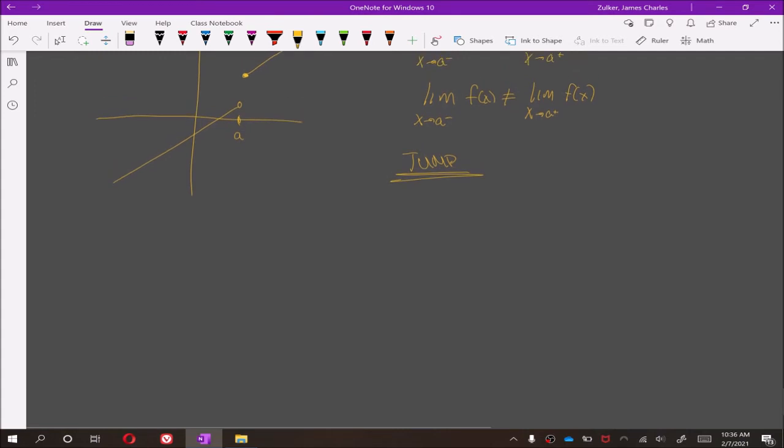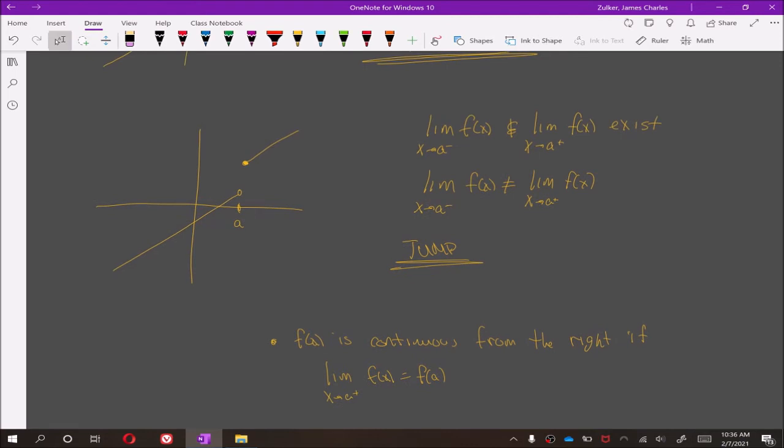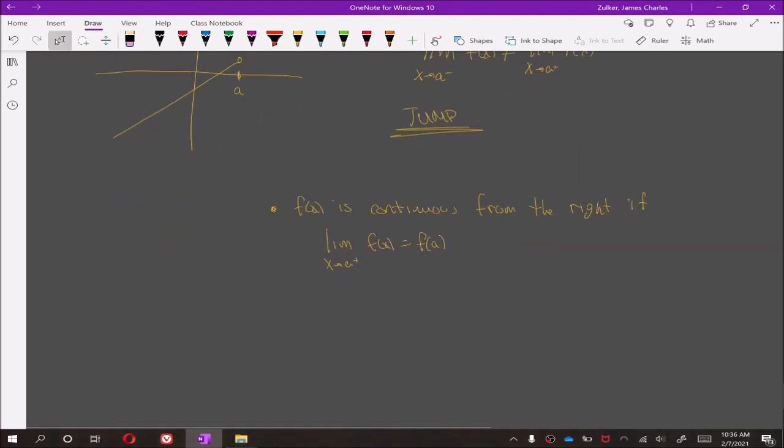Right? So f of x is continuous from the right if the limit as x approaches a from the right of f of x is f of a, which in the example I just drew, it is right-hand continuous.